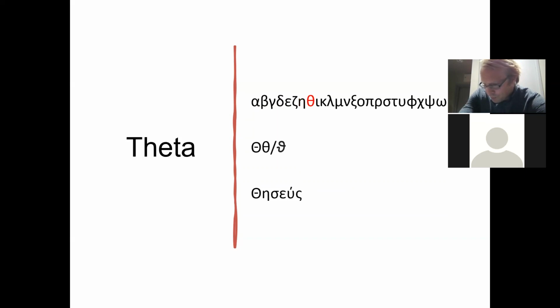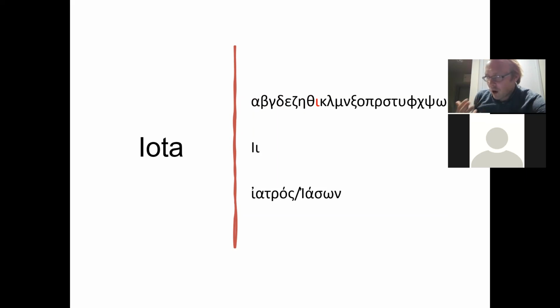The next letter is theta. This letter is pronounced like a voiceless lisp, or like the English th. Theseus was the name of the mythological Athenian king who killed the Minotaur. Iota expresses either a long or a short I sound, or sometimes also a Y sound in borrowed words.